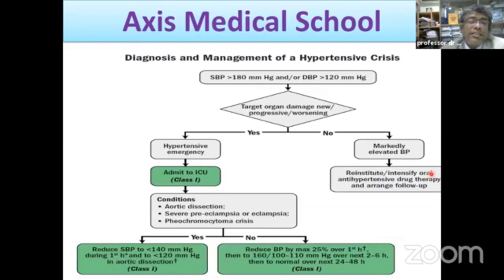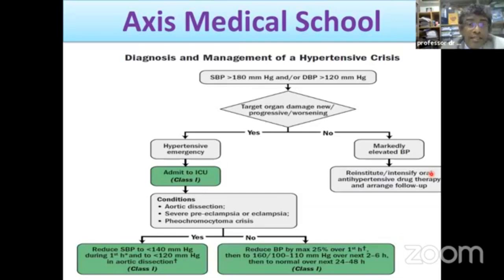That is, the patient had target organ damage previously, and now the condition is worsening day by day, or progressive in nature. In that case, the patient should be labeled as hypertensive emergency and admitted to the ICU. These are class 1 indications.